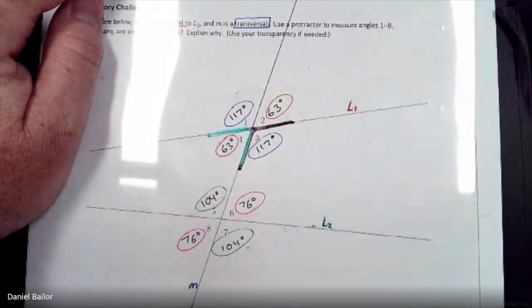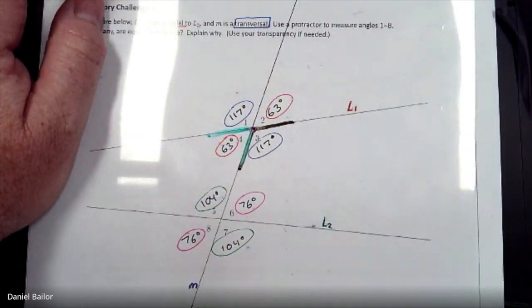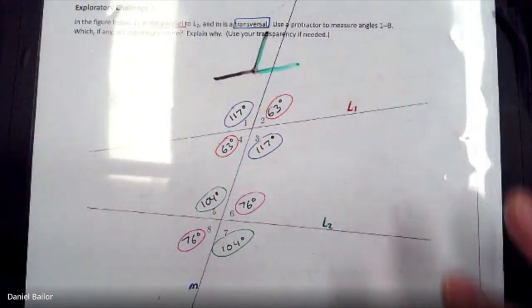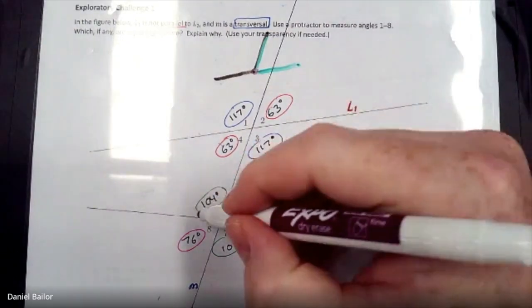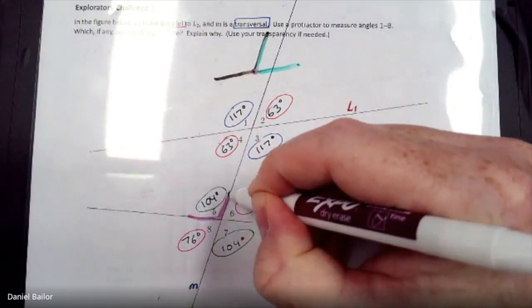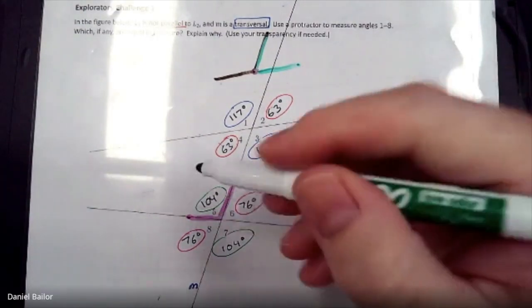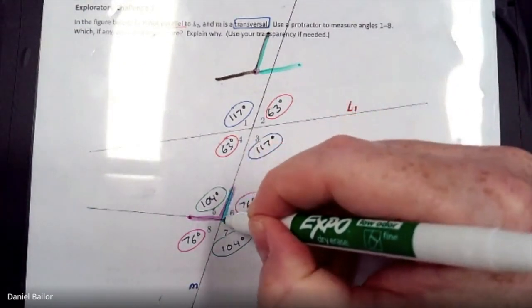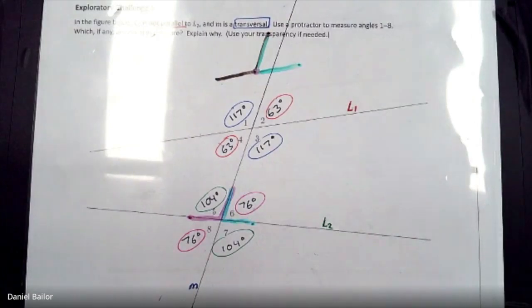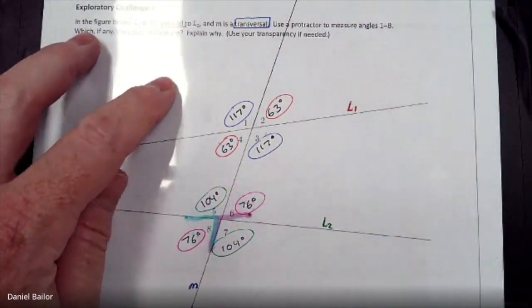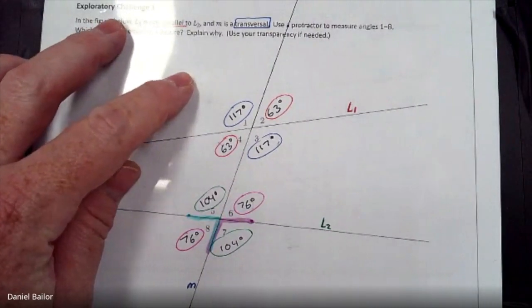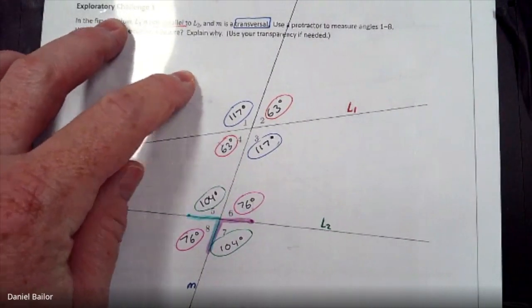Angle 1 turns into angle 3 with a rotation. The same thing happens here with angles 5 and 6 and 7 and 8. If I trace angle 5 and angle 6 and I rotate, angle 5 turns into angle 7 and angle 6 turns into angle 8.